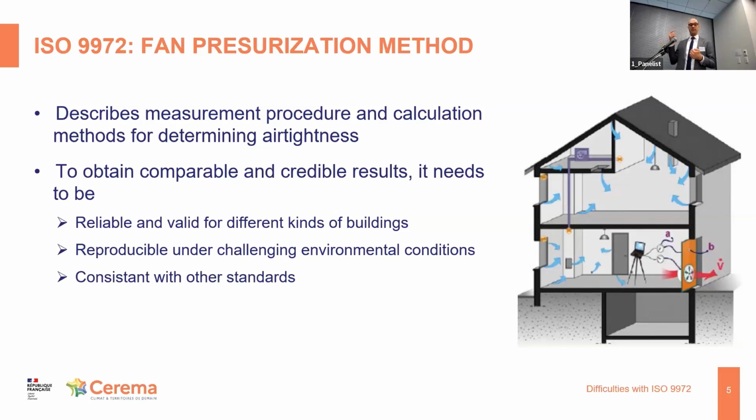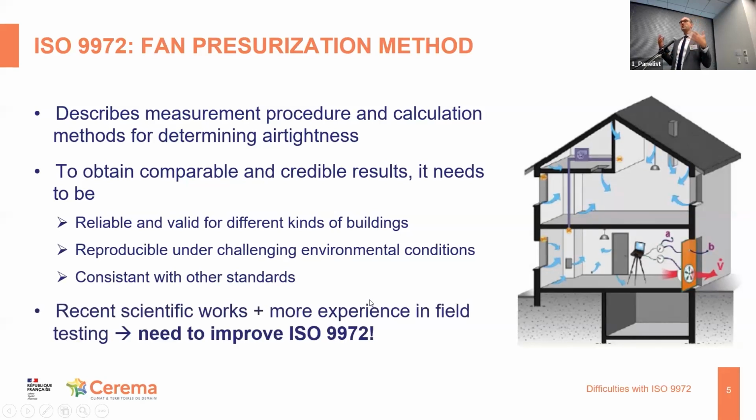They need to be, and this for different kinds of buildings. So for small buildings, for large buildings, different shapes of buildings, they need to be reproducible even under very challenging environmental conditions. So if we have wind or large temperature differences, and they need to be consistent with other standards like the ASTM E779, for example.